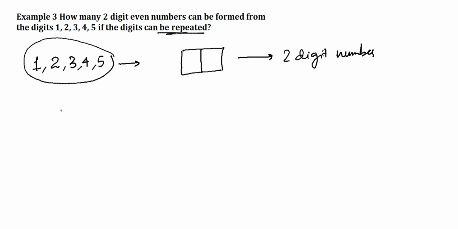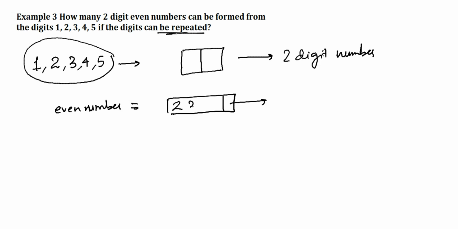So first, a word about even numbers. A number is even if it ends with an even digit. Suppose we have written 350. It is an even number because it ends with 0.